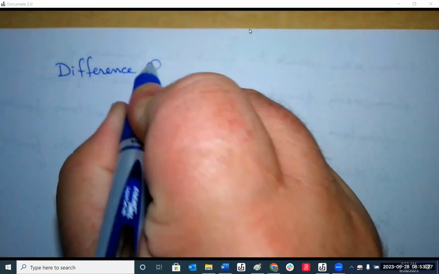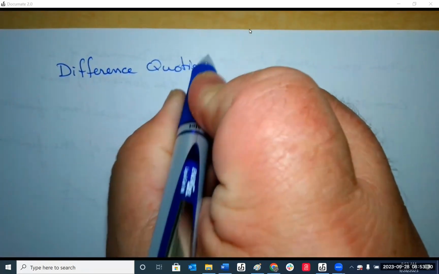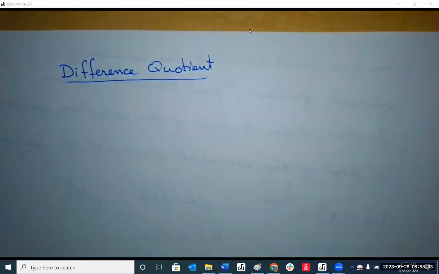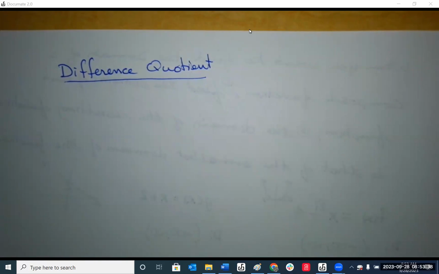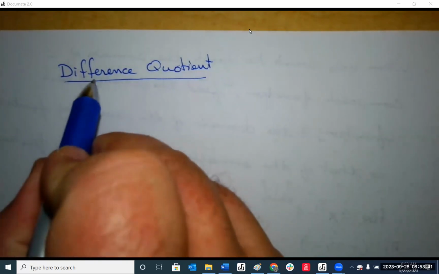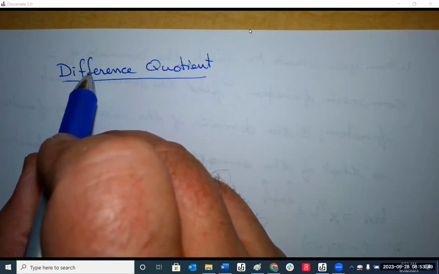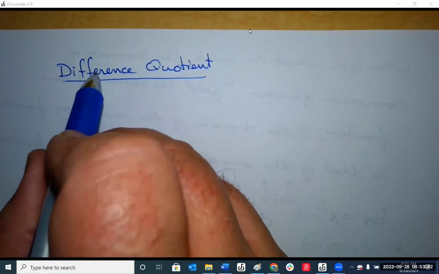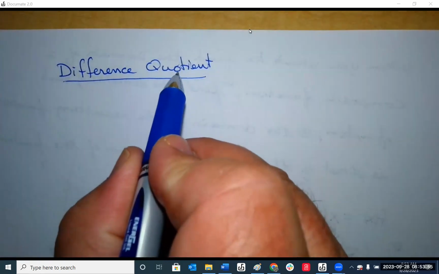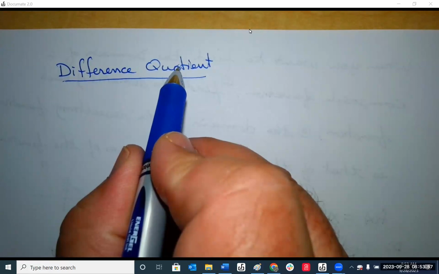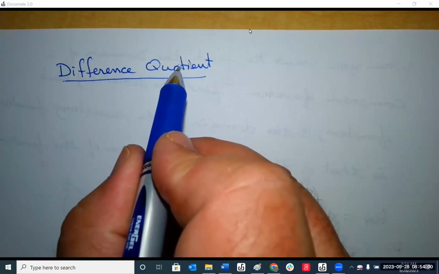Now, the difference quotient. What does difference mean? Add, subtract, multiply, or divide. What does difference mean? Subtract. So this is a subtraction problem. What is quotient? Division, yeah.